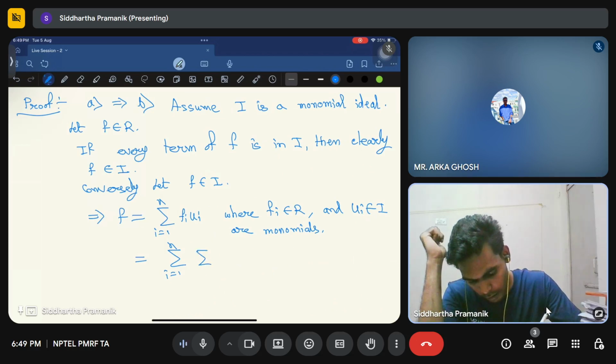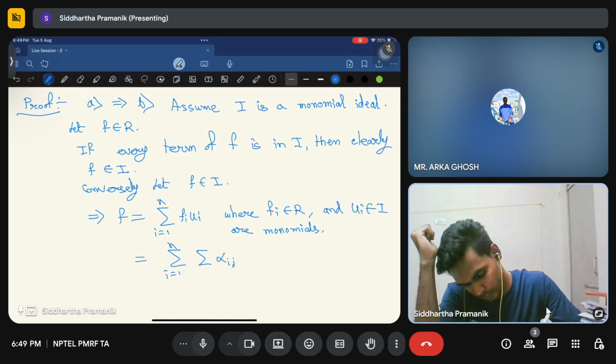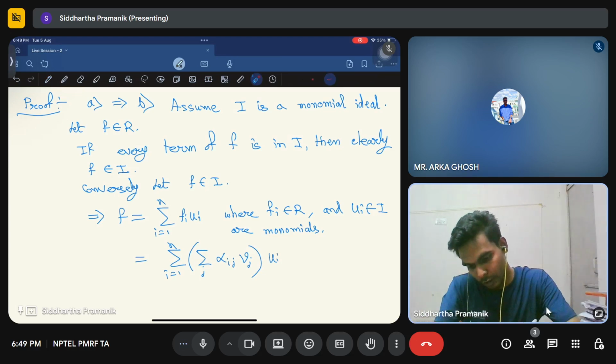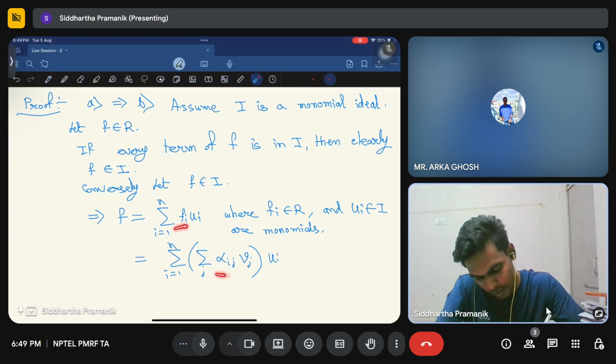So each f_i is a k-linear combination of monomials.